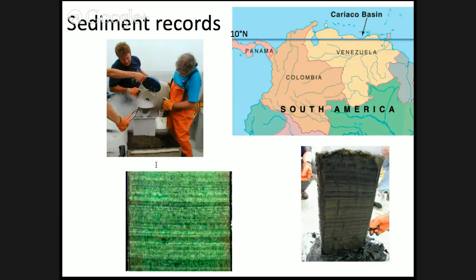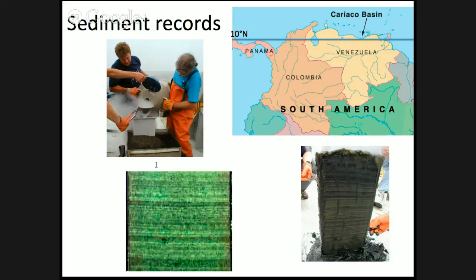You see that there's a cycle here. Here the layer is darker, and here is darker, and here is darker. These indicate the annual cycle of the sediment, and this indicates a seasonal variation of the local climate.